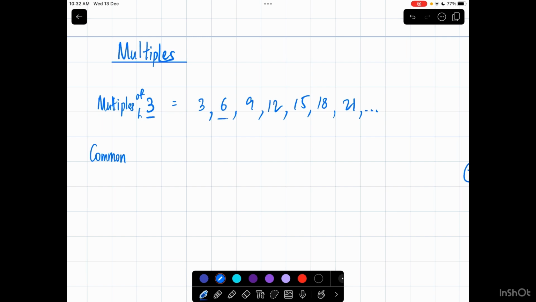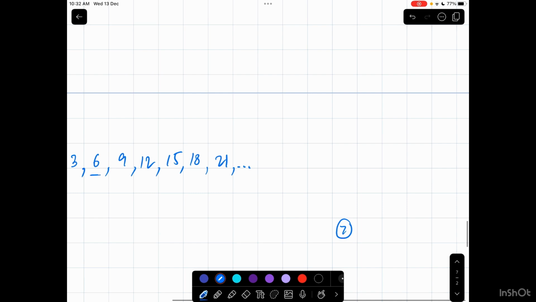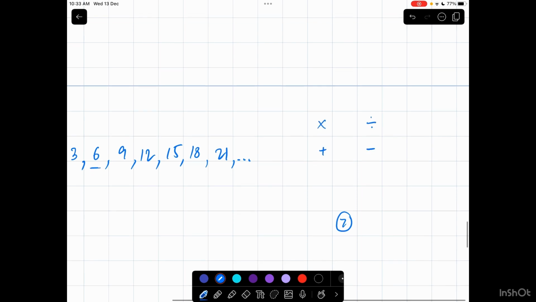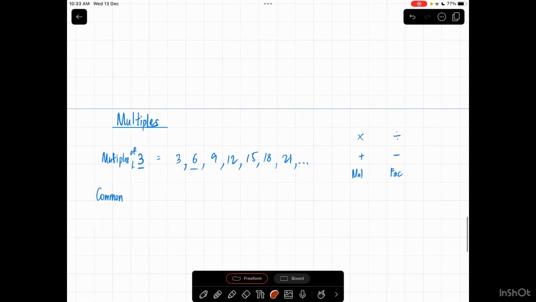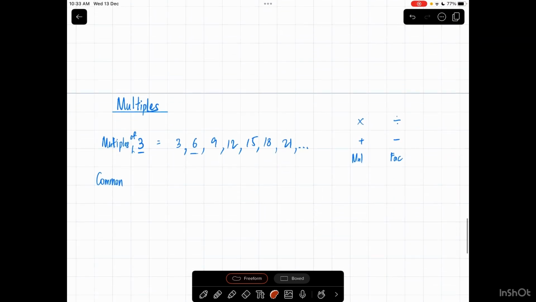You must understand that just like times and divide, plus and minus, multiples and factors are opposites. They complement each other in the opposite manner. It's important to have that understanding. And an important thing to note here is, when you're trying to understand a topic, try to see how they relate to each other.